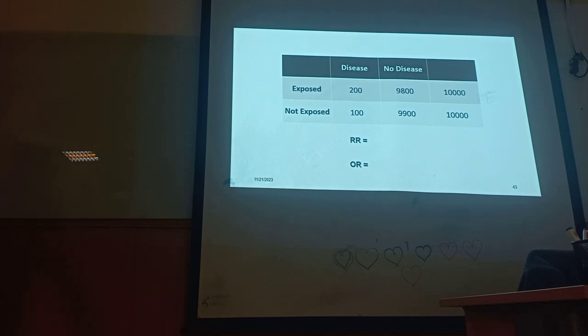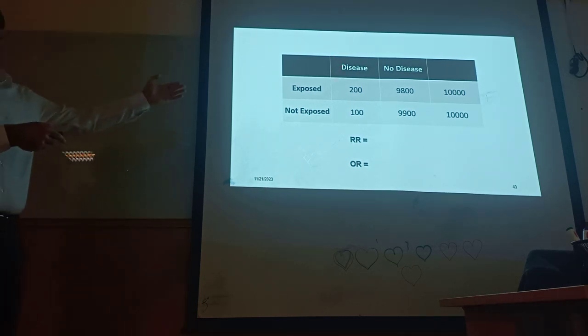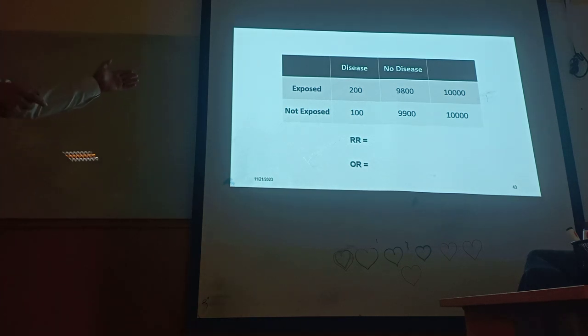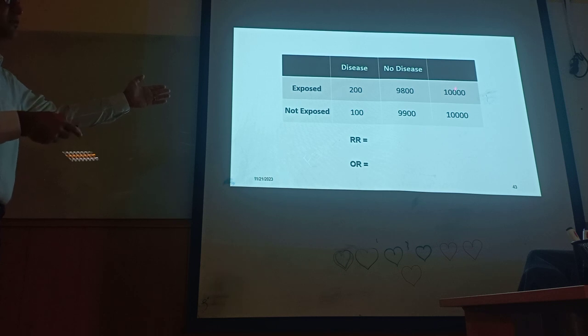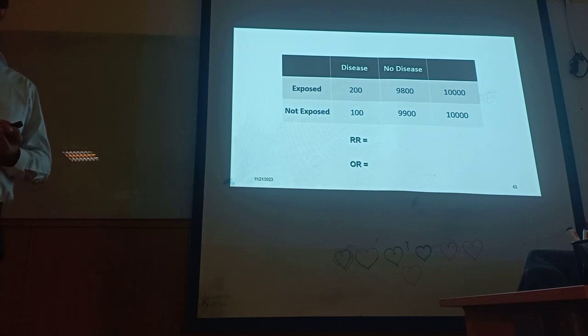Can you calculate the risk? We said that risk is 200 over 10,000, which is 2%. And what about the not exposed group? 1%. So the disease is relatively rare.